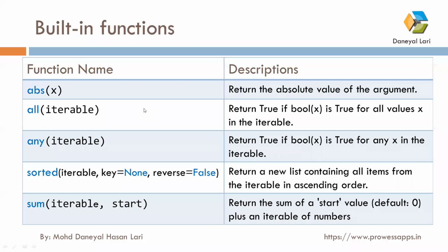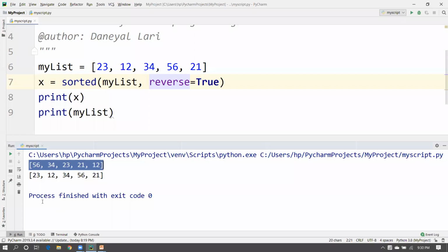Now, the next method is called sum. Sum also accepts an iterable, meaning a list, tuple or set. You pass it, and it returns the sum of all elements.